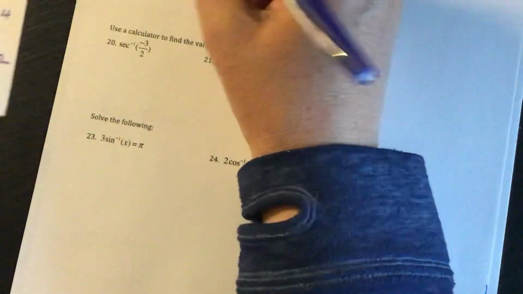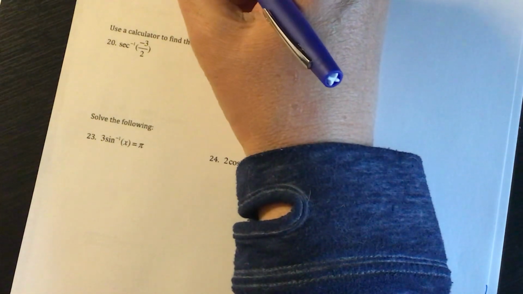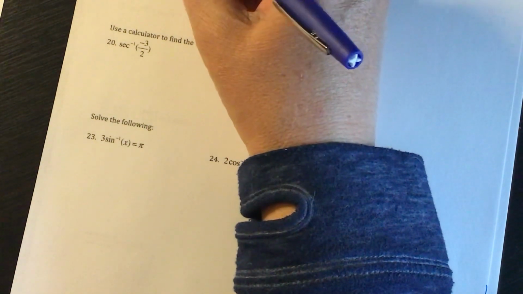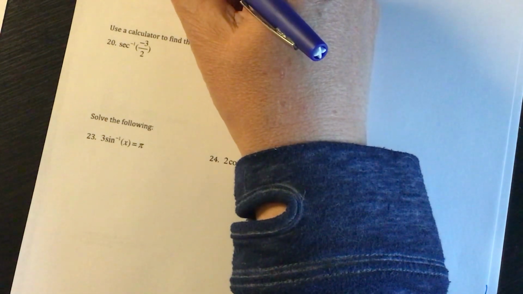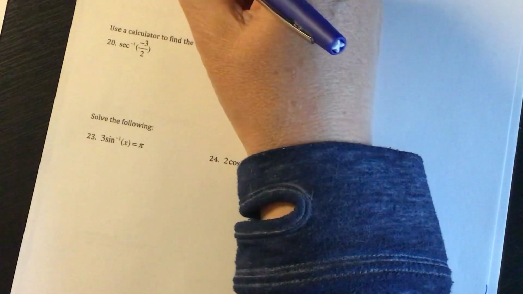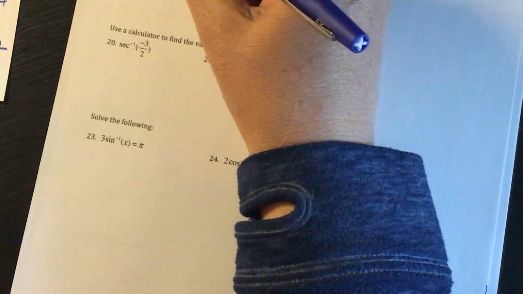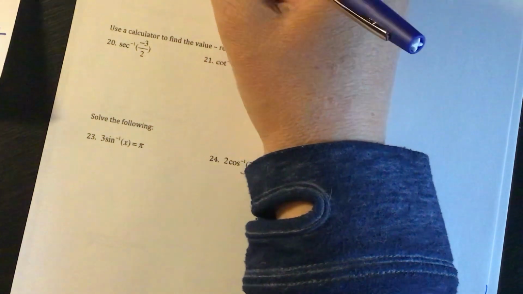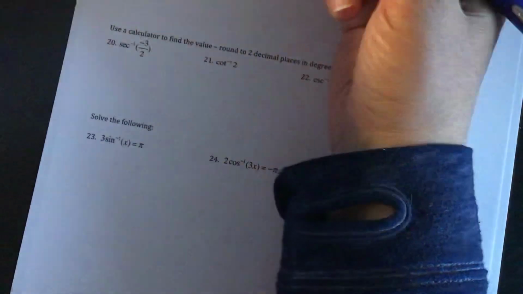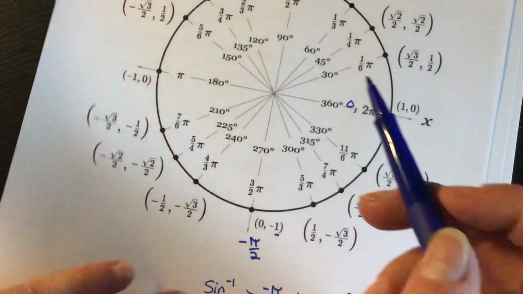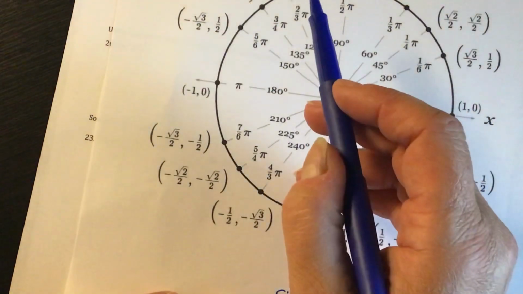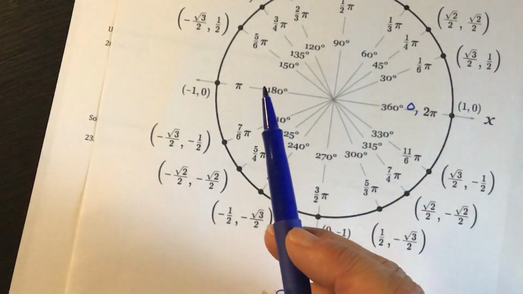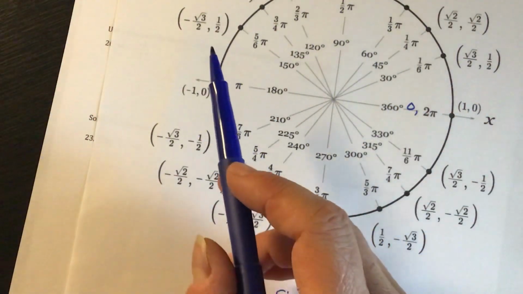Sorry. If tangent is going to be negative square root of 3, these are easier if the inverse is on the outside. Okay. So if I have negative square root of 3, I am looking at the angle that has a square root of 3 in it.